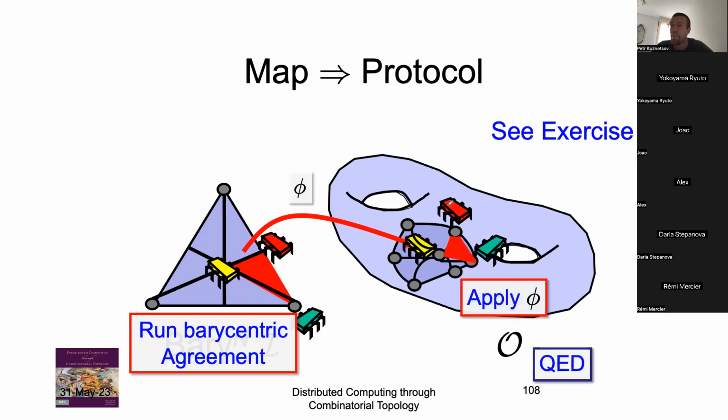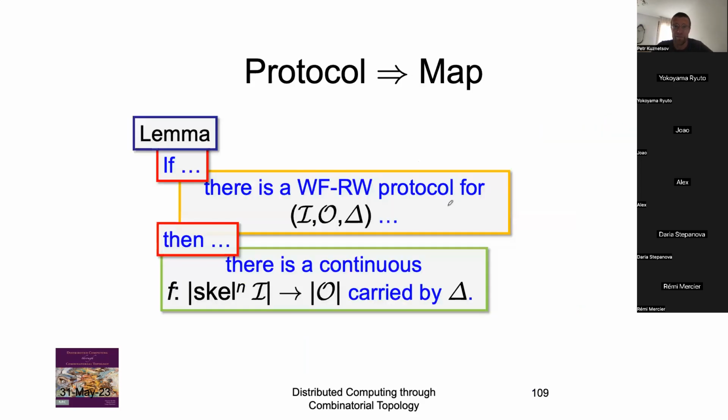Okay, so this is the lemma proving the if direction of the theorem of our characterization. So now we're going to have to deal with the only if direction. Given the protocol, how we get a map.